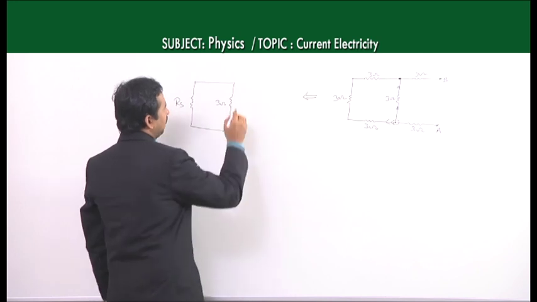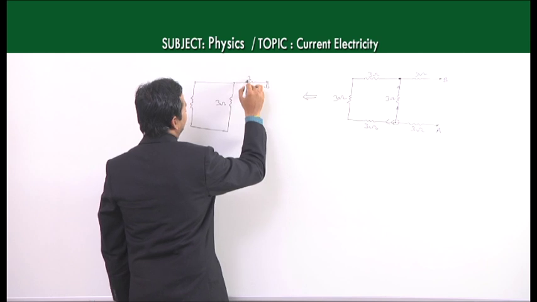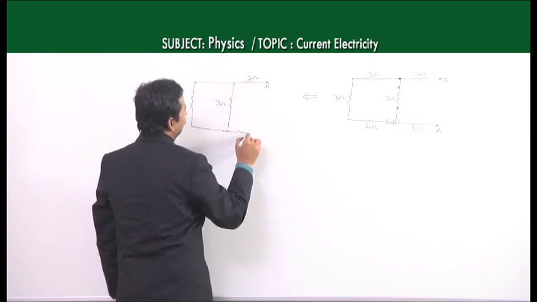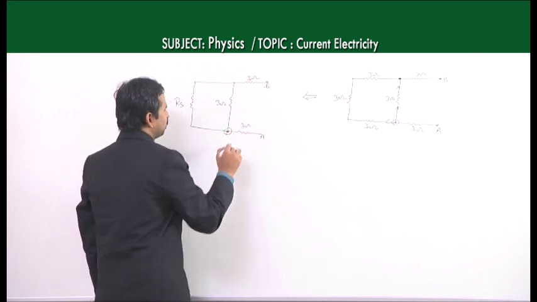This is 3 ohms, and again here we have AB, which is 3 ohms, and here one more 3 ohms is there, like this. So this is our junction point.